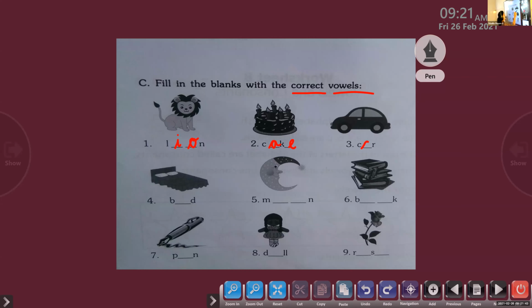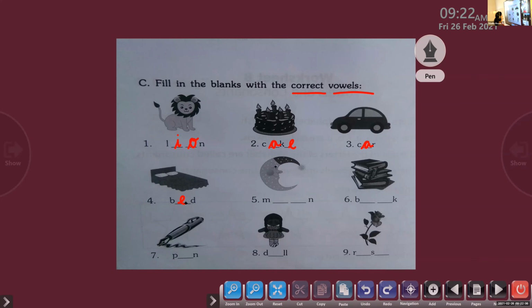C-A-R. Which word is it? Car. Very good. No R is not needed. Okay. Good effort. Thank you. Bennett, unmute. Try number 4. Bed. B-E-D. Very good. Thank you.